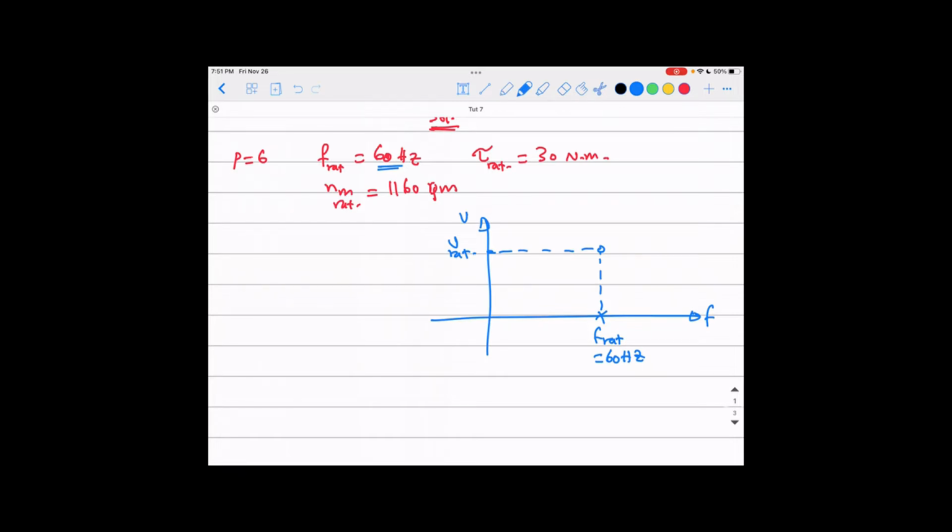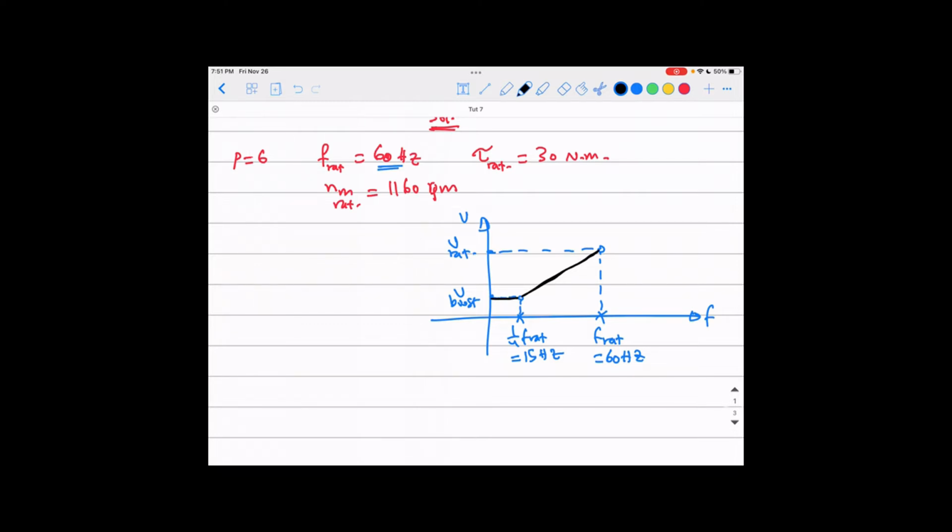And if you remember, we have here one quarter of the rated frequency, which here is 15 Hertz, because the rated frequency is 60. Here we add a little bit of boosting voltage to account for the voltage drop over the stator impedance. Above this we have a linear relationship of V over F, and below it's fixed at the boosting voltage.